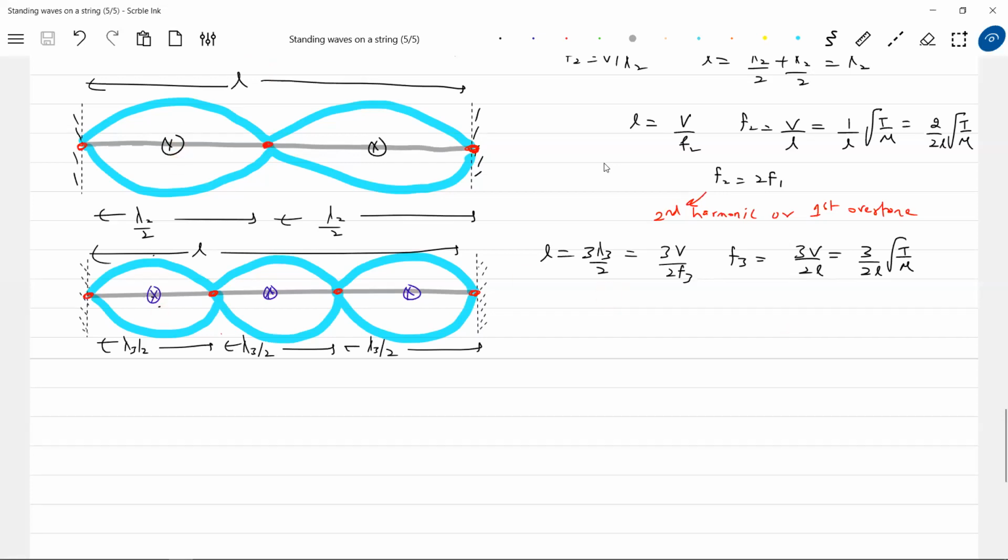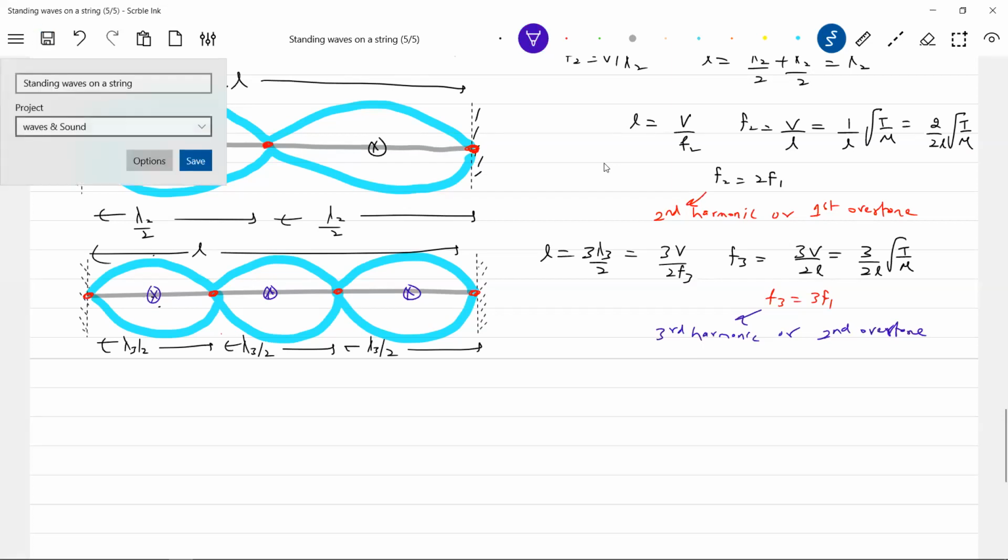So what we got is f3 equal to 3f1. This is called the third harmonic or second overtone.